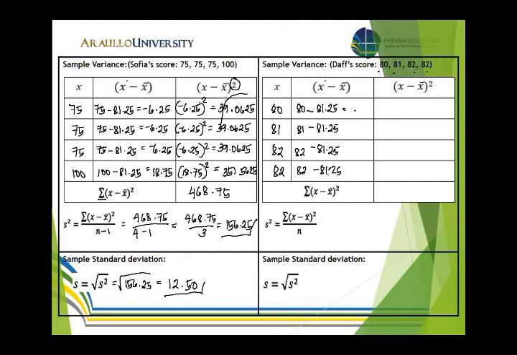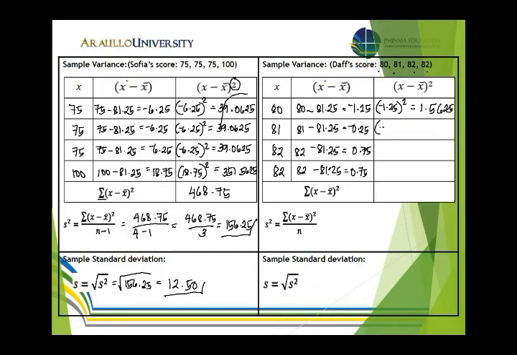So 80 minus 81.25 is negative 1.25. Then 81 minus 81.25 is negative 0.25. And then we have 82 minus 81.25 is 0.75, and also 0.75, kasi parehas silang 82. So next, same process again: negative 1.25 square is equal to 1.5625.